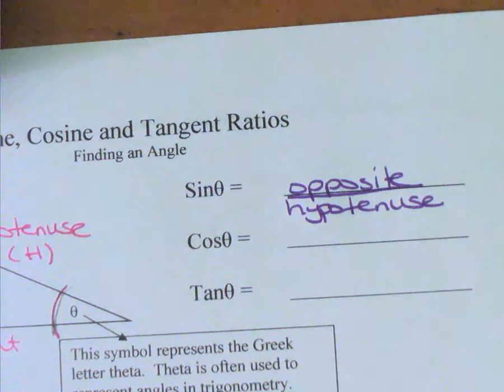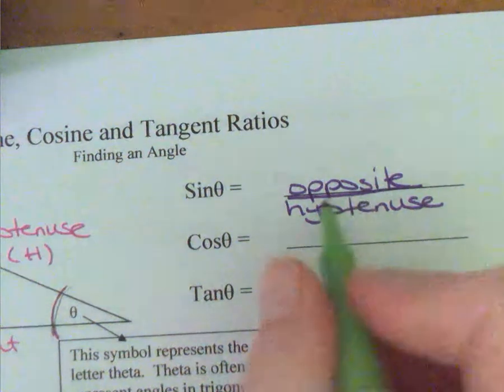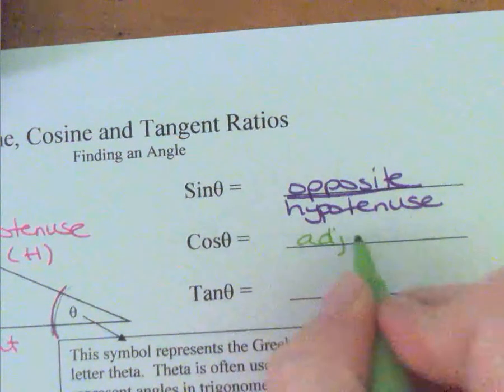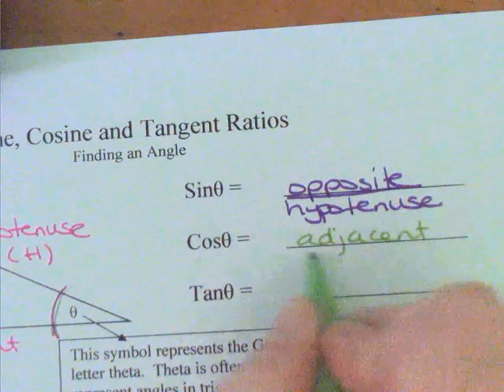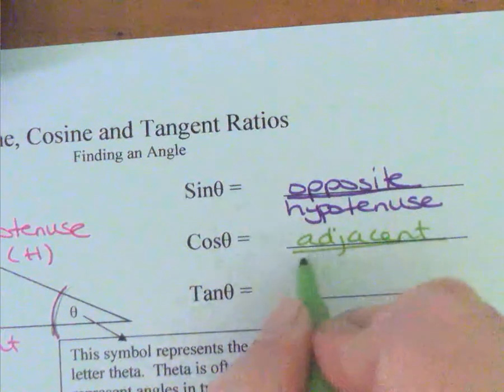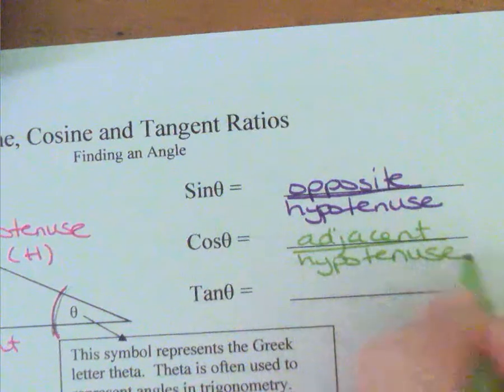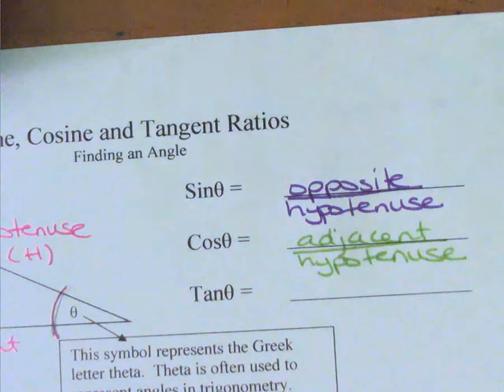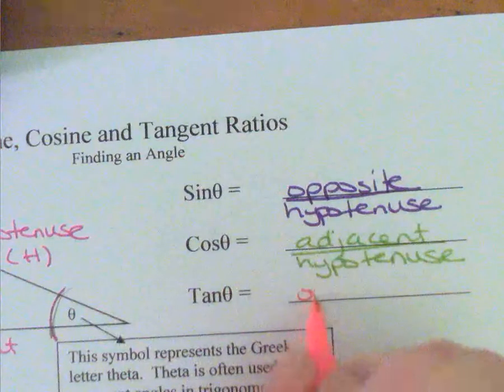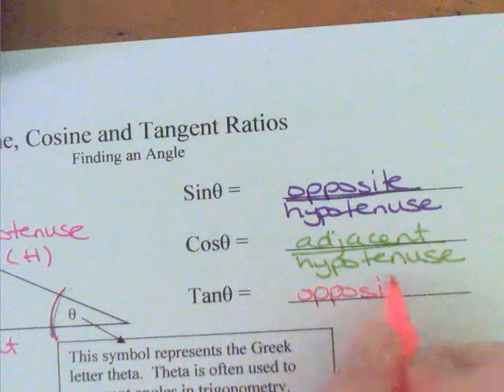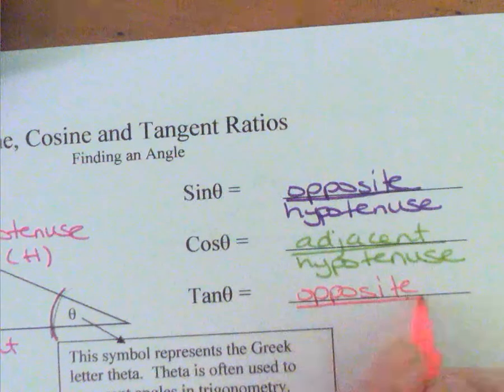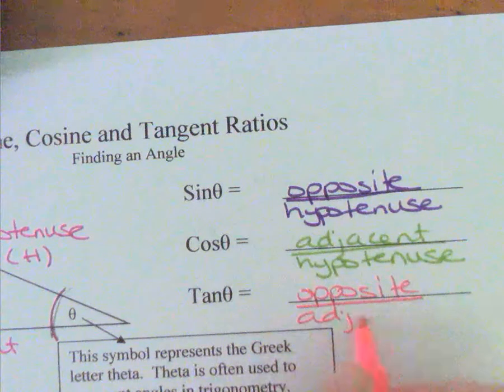The cosine ratio is adjacent divided by the hypotenuse. And the tangent is the opposite divided by the adjacent.